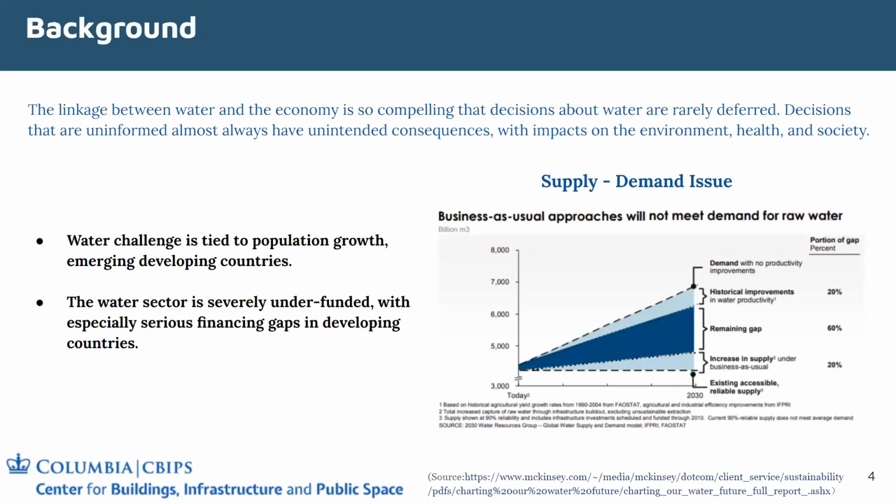They are saying that by the time it comes to 2030, with the constant improvement in water productivity based on the historical data, we're going to make up for 20% of the gap between the water supply and demand issue. And if we continually increase the water supply under business as usual, we're going to reduce another 20% of the gap between supply and demand. However, we still have 60% of the remaining gap, which indicates that the water issue is going to be really challenging by the time it comes to 2030.